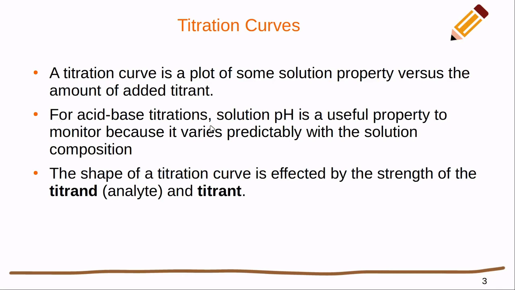In the case of acids and bases, that thing that we're going to measure is typically going to be pH, because it's going to allow us to predict the solution composition. The shape of the titration curve is affected by the strength of the titrand or analyte, the thing that we're going to titrate, our unknown sample, and the titrant, the stuff that we know the concentration of that we're going to be adding to it.